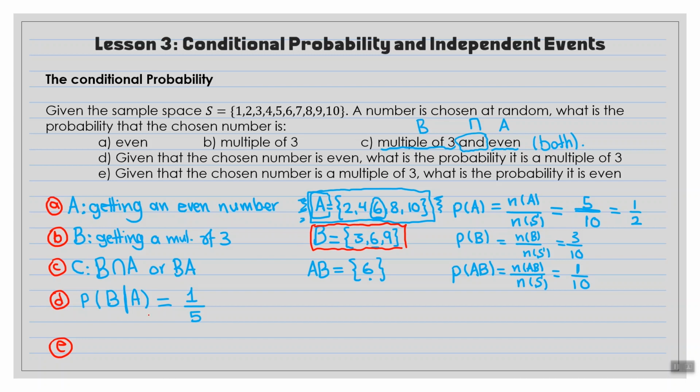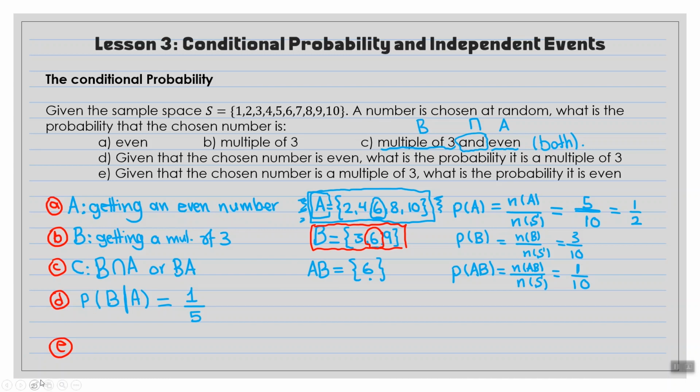And now what is the probability that your hand is on an even number? By looking at B and looking for any even numbers, we will notice that there is only one even number, which is 6, which is AB, right? 6.